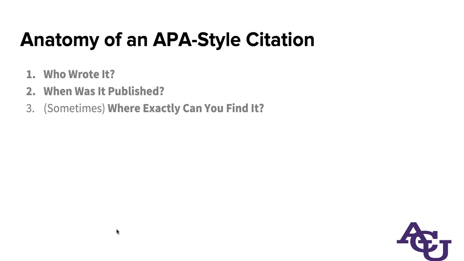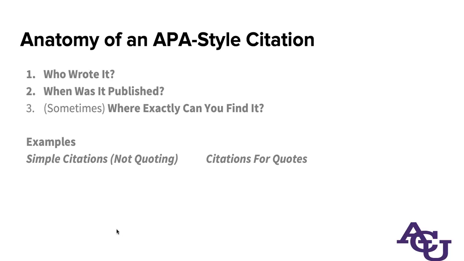Sometimes, if you are making a direct quotation or leaving detailed notes for yourself, for a quotation or a paraphrase, you also include information about how the reader can find it, usually the page or paragraph number. But if it was a video, we would use the timestamp, 3 minutes, 42 seconds in.